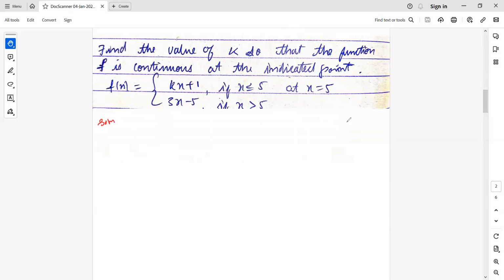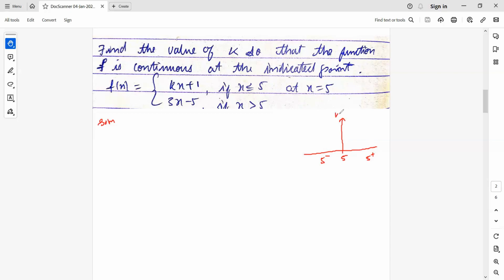We need to check, it is already said the function is continuous at 5. You can draw this sketch: 5, then 5 minus, and then 5 plus. When x is equal to 5, the equal to sign is in the first part, so the value of the function is kx plus 1.